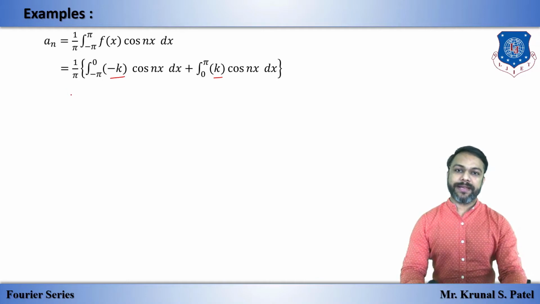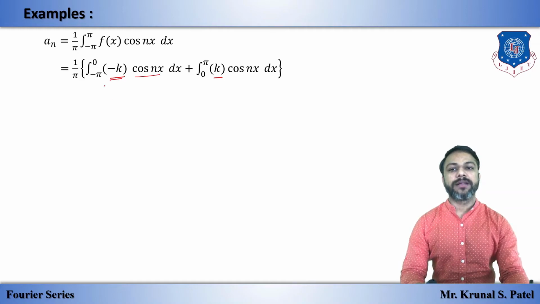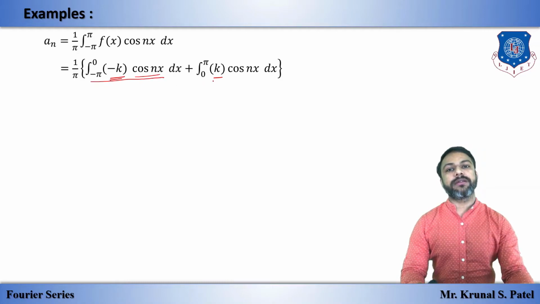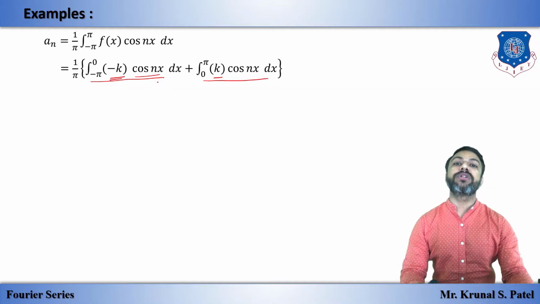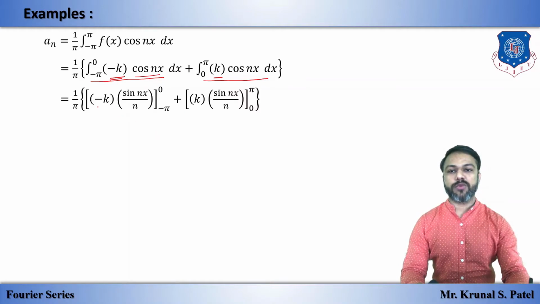Now by integration, we will use the Bernoulli integration formula. So this first as it is, integration of second, and after completing this Bernoulli integration we will apply it on this. So we have two different boxes. First box: minus k as it is, integration of cos nx is sin nx by n, and differentiation of k is 0, so no need to write the next step.